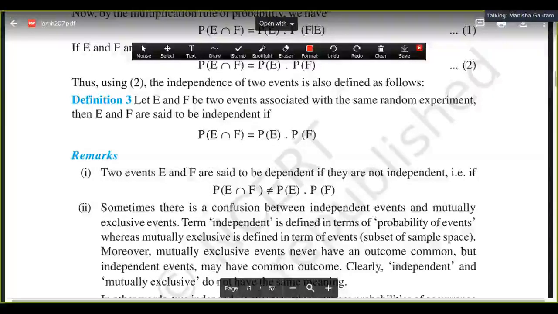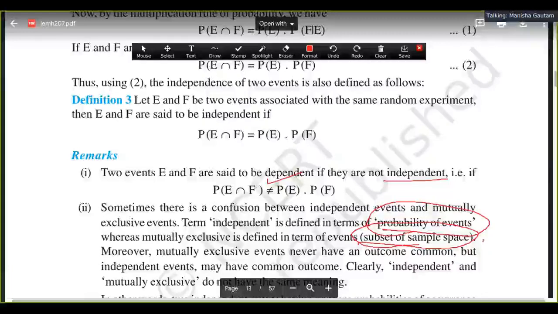So here you have to read: two events E and F are said to be independent, dependent if they are not independent. It means if the formula is not equal, both left and right sides not equal, the events are dependent, not independent. Sometimes there is a confusion between independent events and mutually exclusive events. The term independent is defined in terms of probability of the events, whereas mutually exclusive is defined in terms of the events, subsets of the sample space.